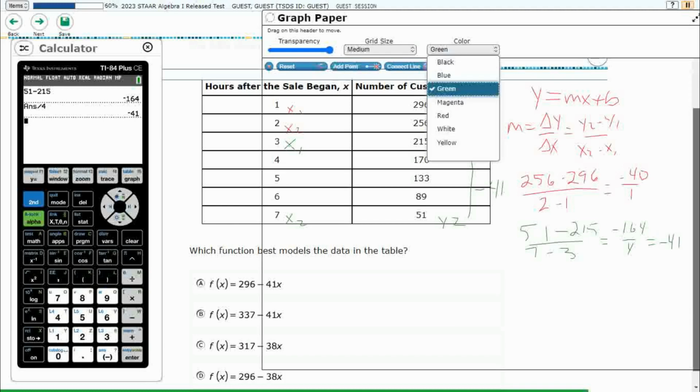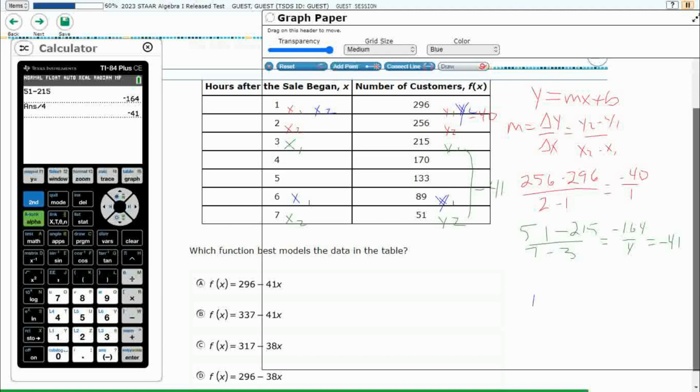Let's reverse it here. Let's put my x1 right here, and let's go back up to the top for my x2 right there, and my y1 and my y2. So my x is going to be 1 minus 6, and my y is going to be 296 minus 89.